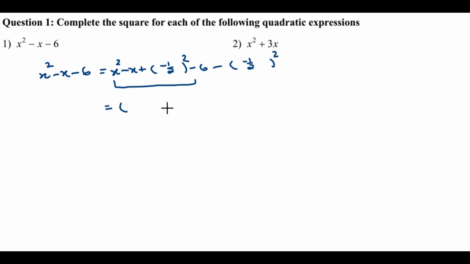The first three terms form a perfect square trinomial. What goes into that bracket will be that term over there and whatever we've put inside the brackets. So we'll have x minus a half, and then minus 6 minus, multiply this bracket out, a quarter.